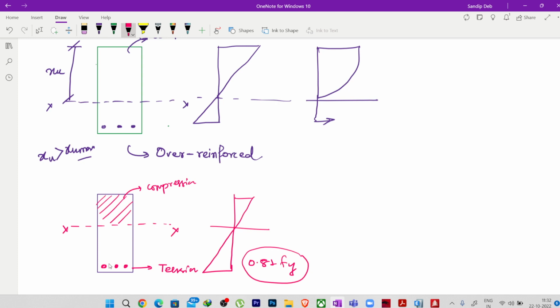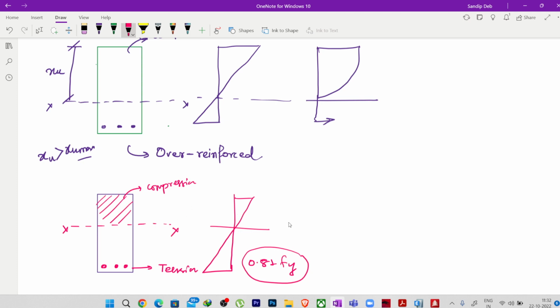Right? So that's why we always try to create this kind of section where, if the forces are higher, the steel will undergo the maximum amount of tension before the concrete at the top is reaching its maximum limit of compressive stress.